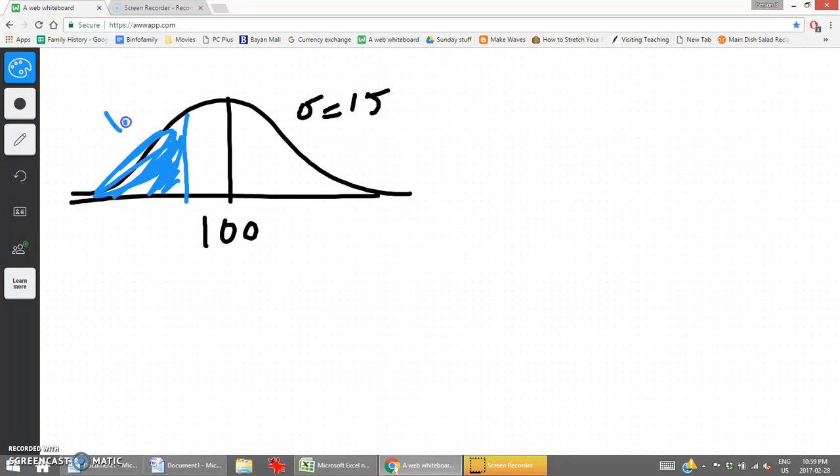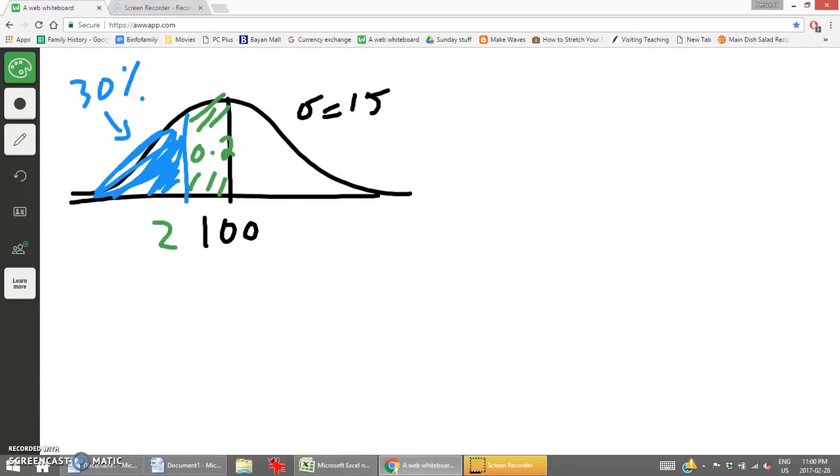This corresponds to 30%, or 0.3. So if that value is 0.5 for the half, and the section next to the mean is 0.2, we know that this value in here will be 0.2, or 20%. It's that middle value that we use, based on the charts for normal distribution, that indicates what the appropriate z value is.